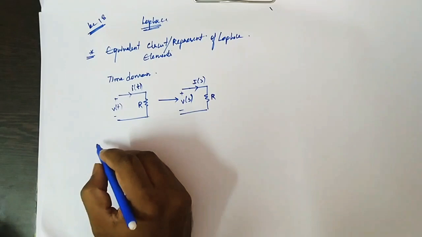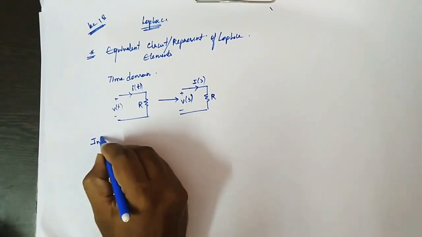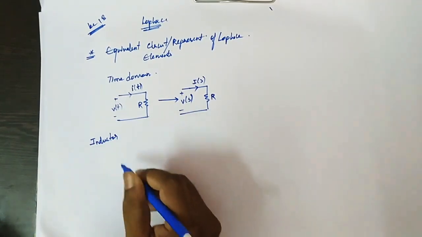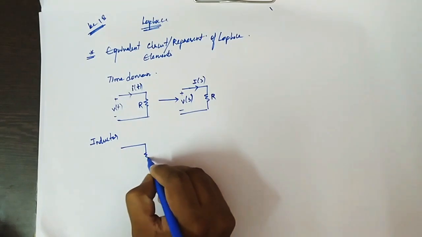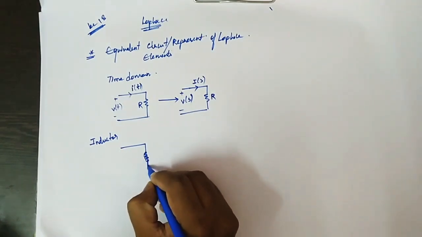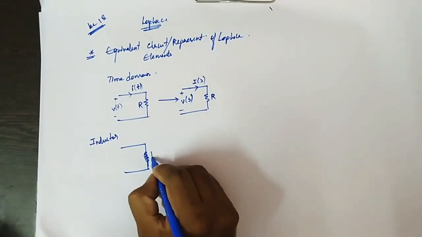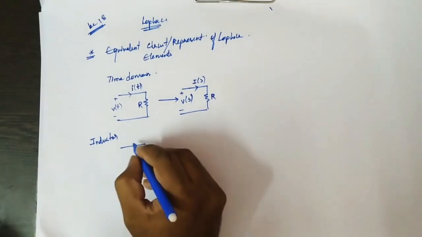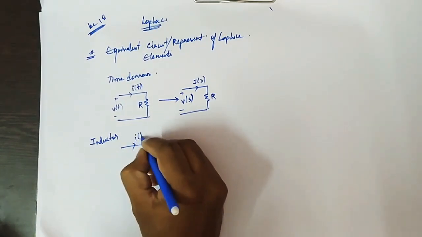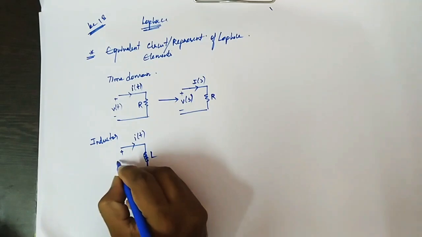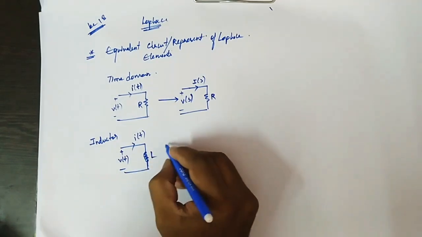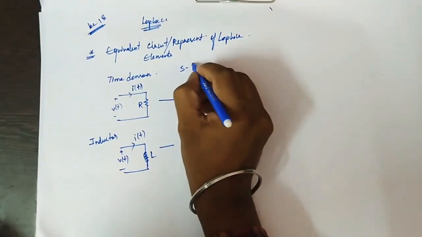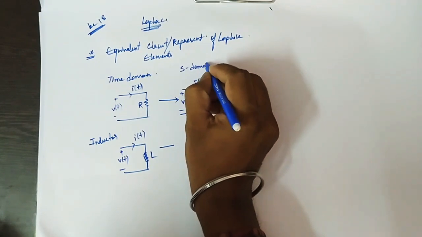Coming to the inductor, this is the inductor with a value of L, current I of t flowing, and input voltage V of t. This is the S domain, that is Laplace domain.